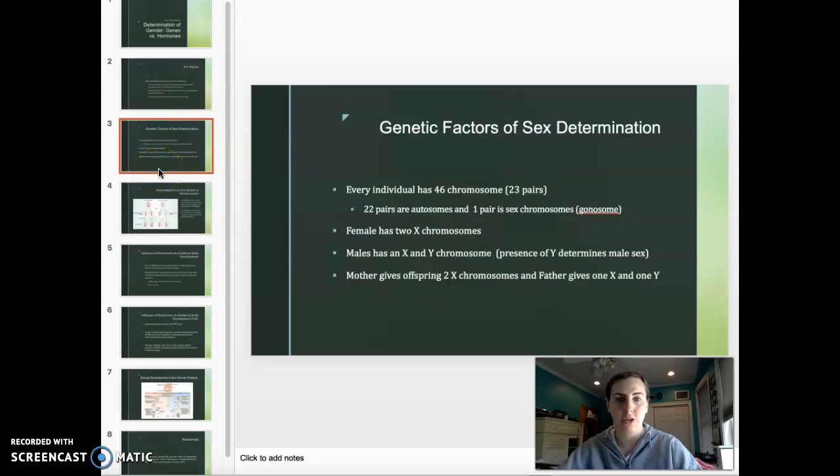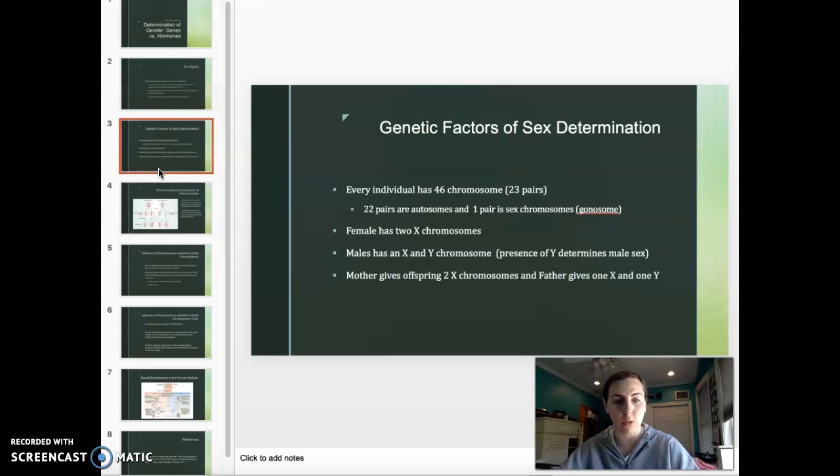Going into the genetic factors that determine sex, every individual has 46 chromosomes, that's 23 pairs, and one pair is a sex chromosome pair called the gonosome. The female has two X chromosomes, and the male has one X and one Y chromosome.